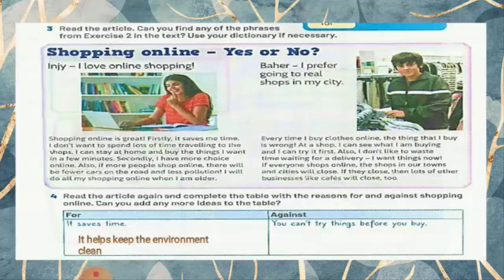If everyone shops online, the shops in our towns and cities will close. If they close, then lots of other businesses like cafes will close too. So one of the disadvantages of online shopping is you can't try things before you buy, and you can be easily cheated. Everyone can be cheated through online shopping.